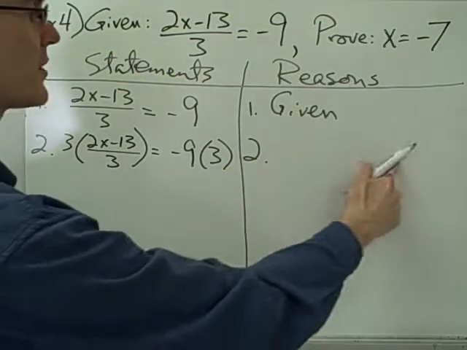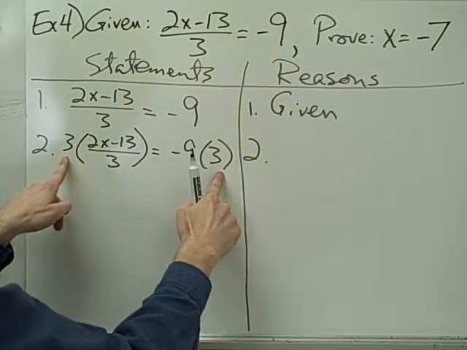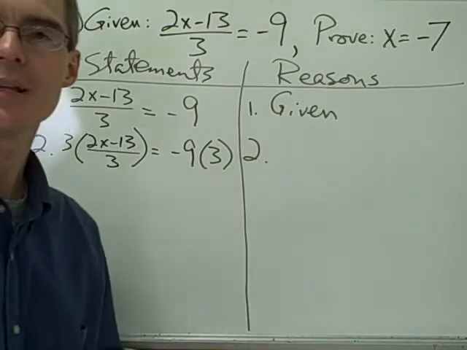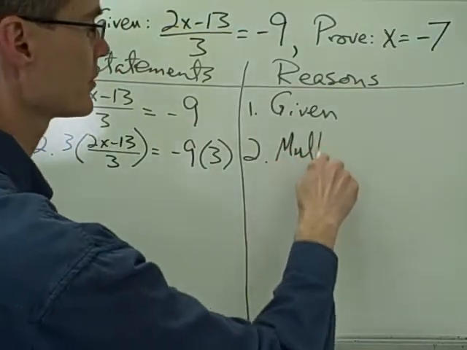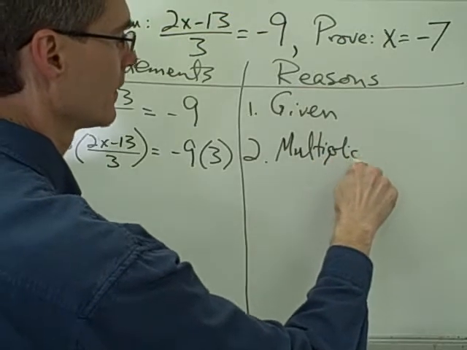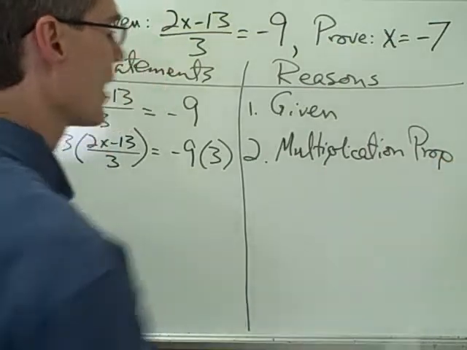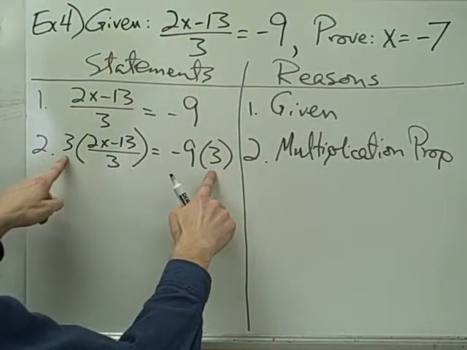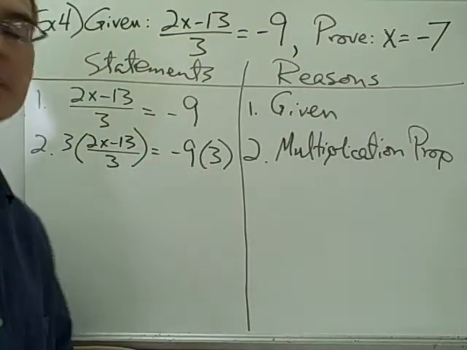Now, what's the reason that I can use when I multiply both sides of the equation by the same number? Well, that reason is going to be the multiplication property of equality. And if you look at your chart with your properties of equality, the multiplication property is the property that says if you have two quantities that are equal to each other, you can always multiply both of those quantities by the same number, and they will still be equal to each other.